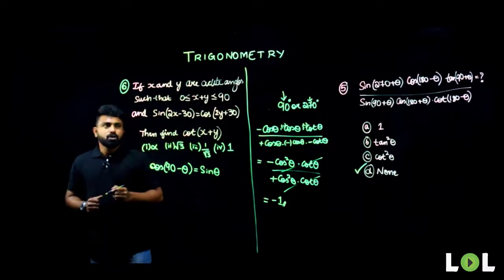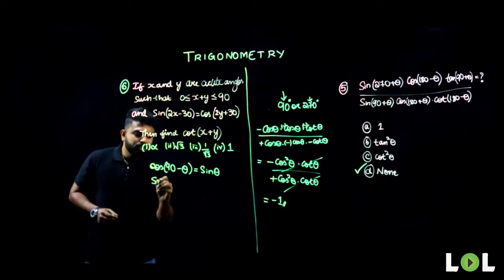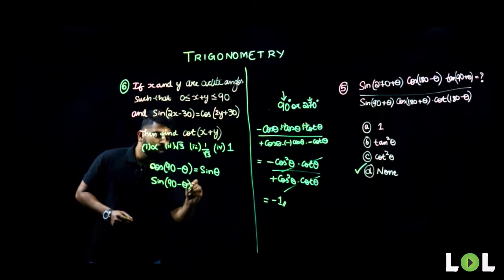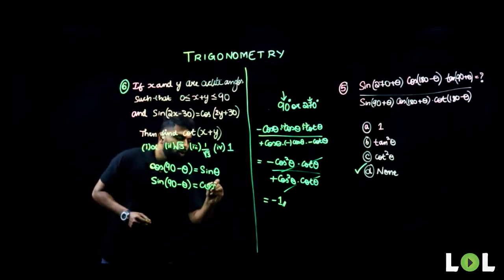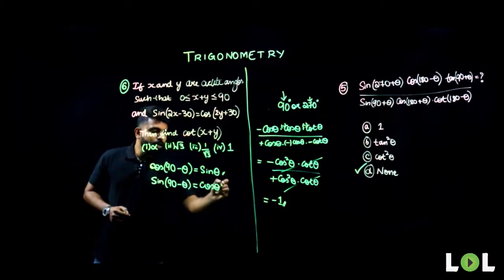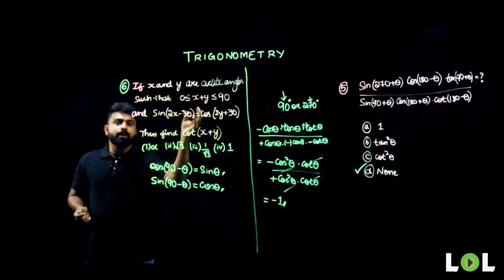Am I right? So I can write sine of 90 minus theta will be equal to cos theta. So I can use either this one or this one so that I can convert either sine to cos or cos to sine.